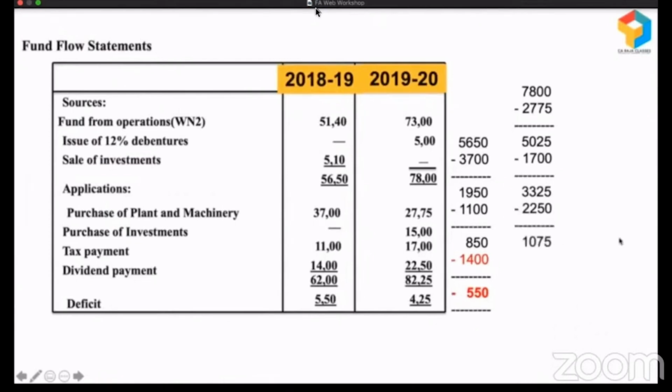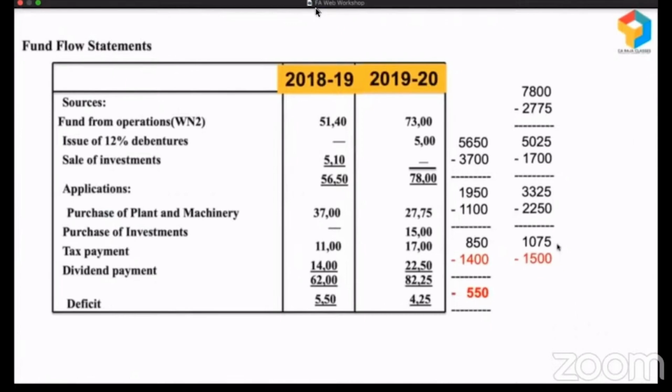It means the balance left over is 1,075. At this point, they should have put a brake. But what they did, they went and purchased an investment of 1,500 when they are left with funds of only 1,075. This is the grave mistake which they should not have committed. 1,075 is the surplus, and 1,500 investment is not in their business.